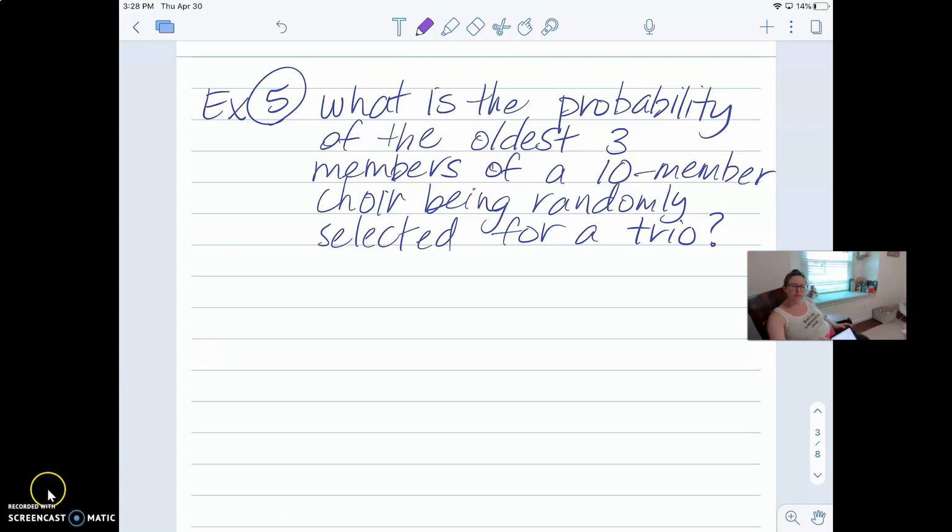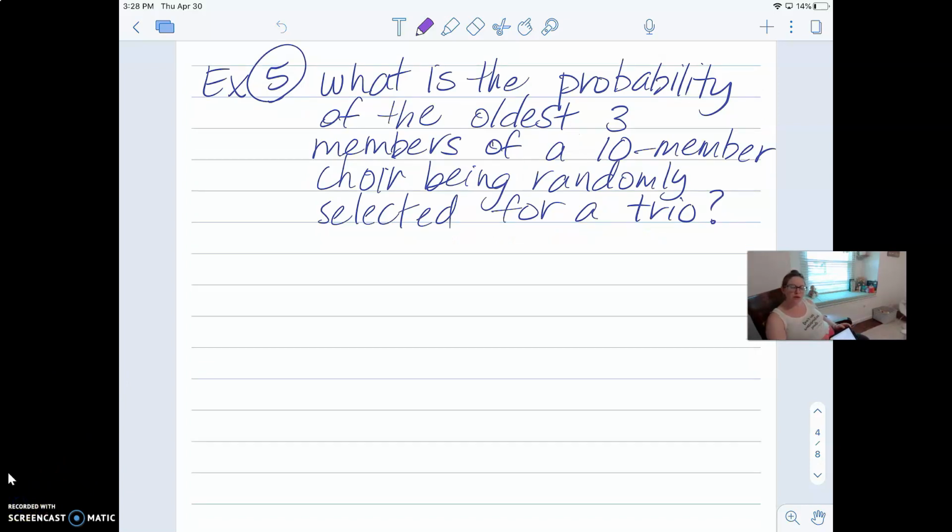Okay, so let's think about this. If we want only the oldest 3 members out of a 10-member choir, and they are randomly selecting just 3 for the trio, just 3 out of 10, it doesn't say anything in the question about the order of those people. If I choose these 3 people out of a group of 10, it doesn't matter what order I pick them in, I'm just picking 3 of them.